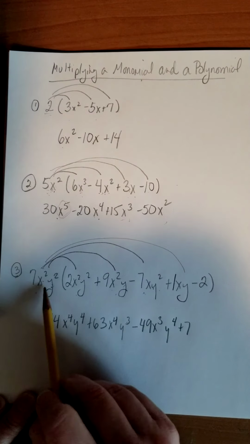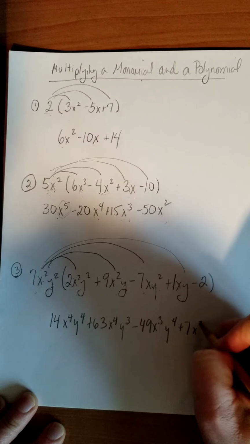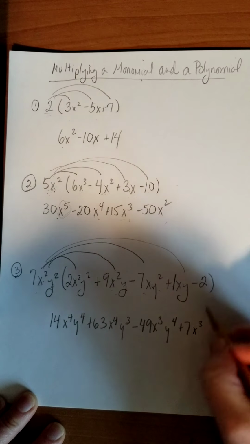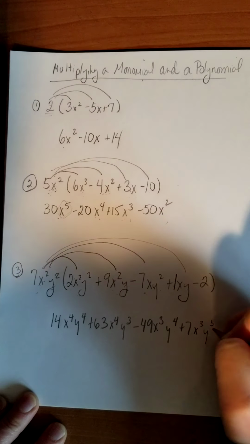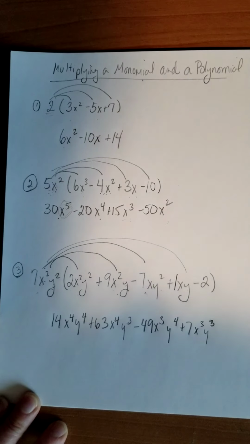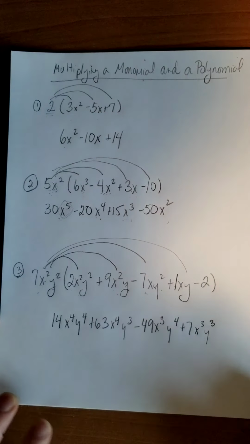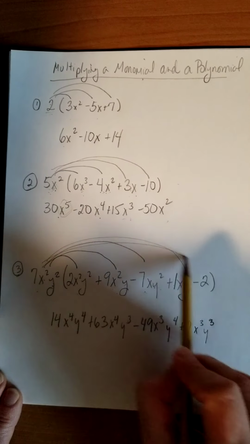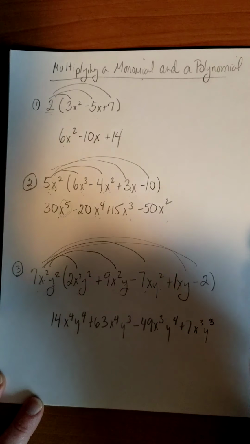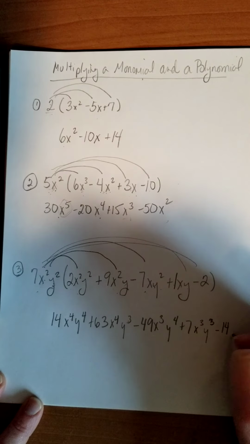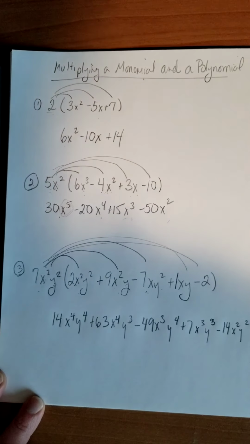X squared times x is x cubed. Y squared times y is y cubed. And the last one, 7x squared y squared times a negative 2. 7 times negative 2 is negative 14, and that should be x squared y squared.